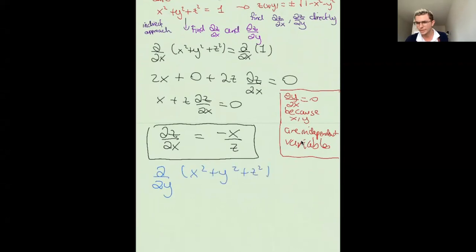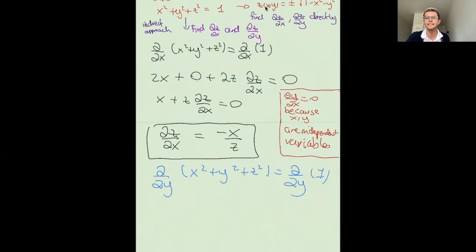Wait, one quick question. Could you tell me why d/dx of y squared was 0? Why this one is 0, the one in the middle, you mean? Yes. The thing is that you're thinking of z as a function of x and y. When that happens, you think of x and y as being independent variables.